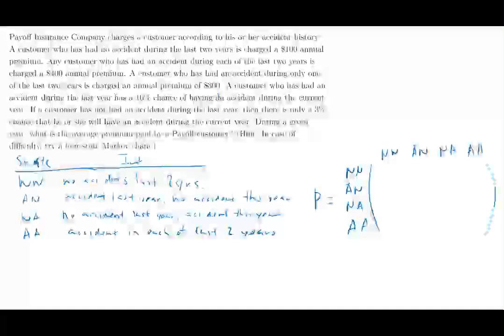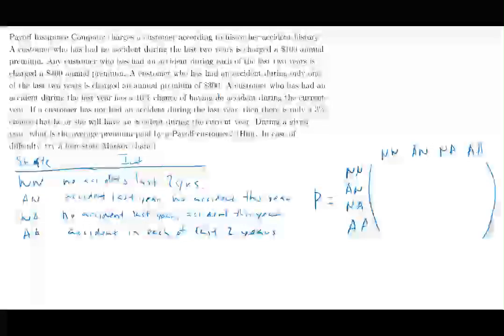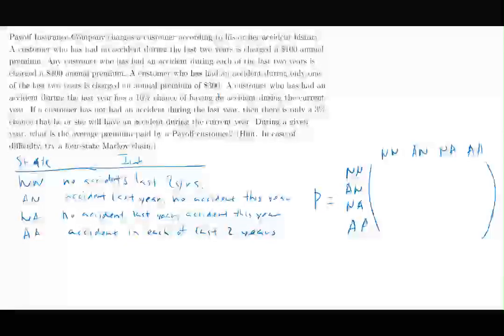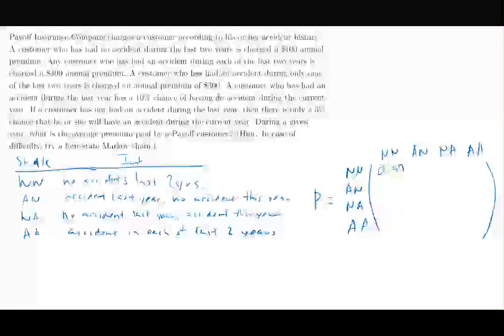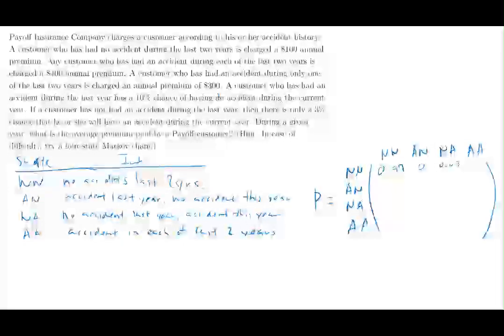Okay. Then from NN to NN, you have a 97% probability you still don't have an accident. Or you can get an accident, and this will be a 0.03. From AN, you can also go to no accident, 0.97, 0.03.